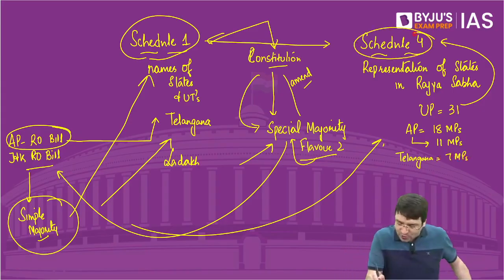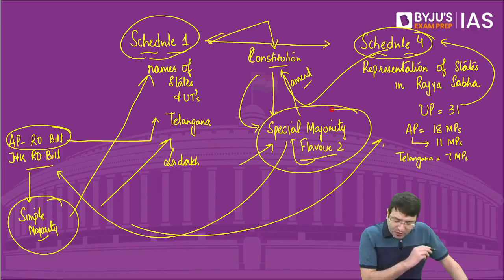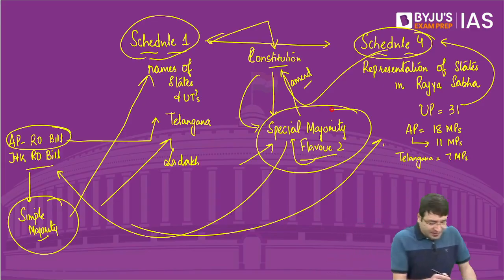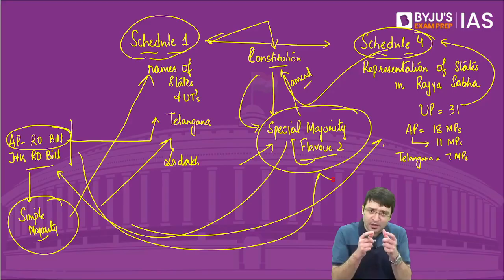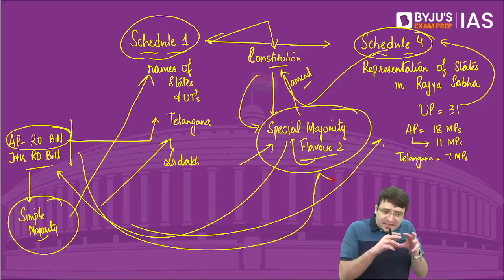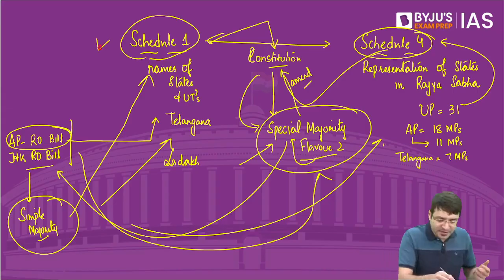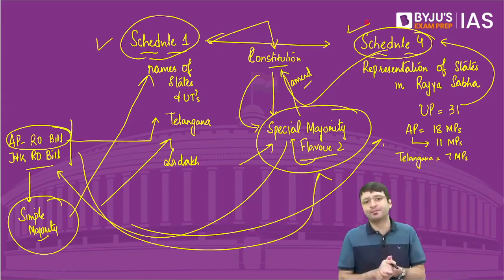But Schedule 4 is part of the Constitution. To make any changes in the Constitution, we need special majority flavor 2. But these bills were passed by simple majority. How can a law passed by simple majority make changes to the Constitution, amend the Constitution, Schedule 1 and Schedule 4 of the Constitution? How is that possible?